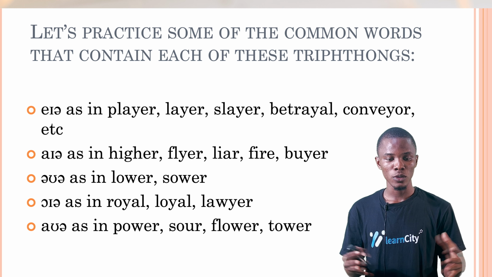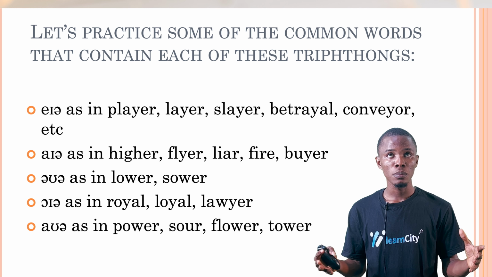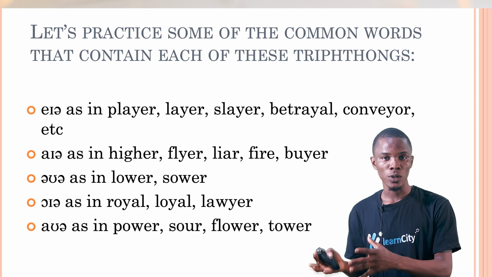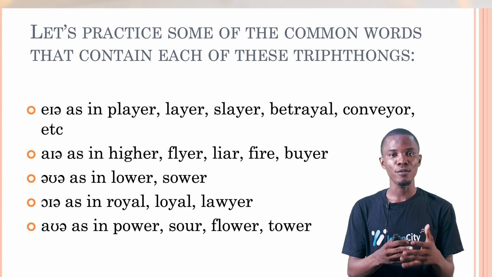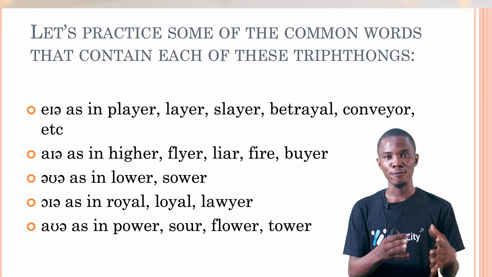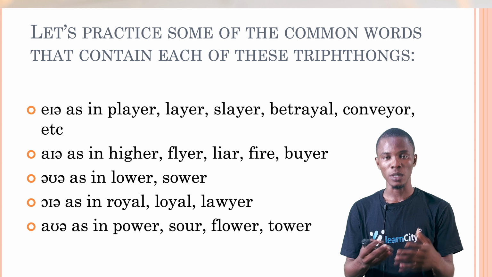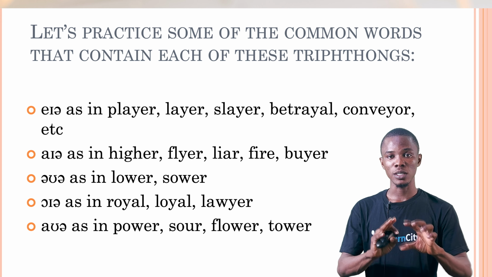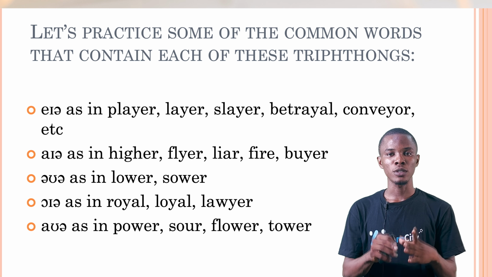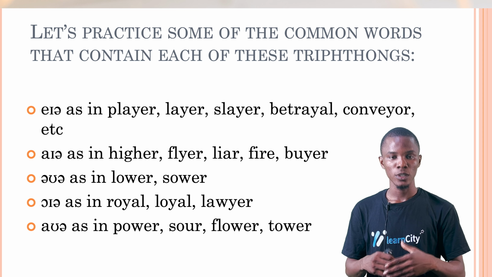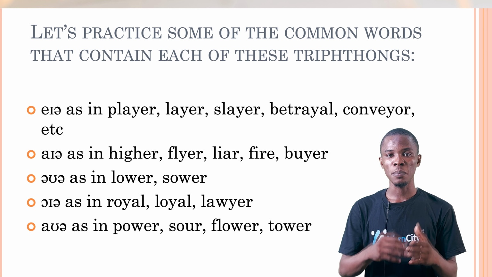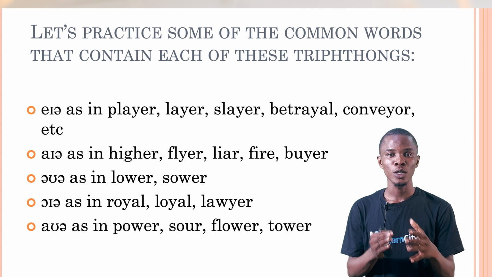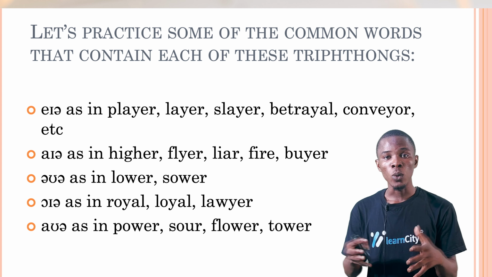Flower, the flower you present, F-L-O-W-E-R, and flour, the one you use to make bread. They sound the same, they have the same pronunciation. So we have tower, flower, sour, power. So don't say "pa-wa", don't say "sa-wa", don't say "ta-wa", but tower. Say flower.